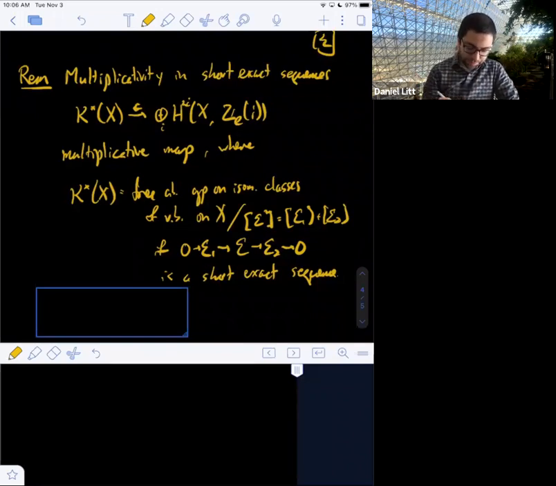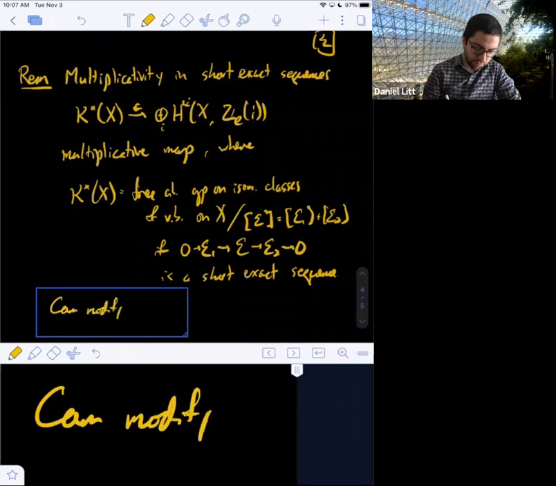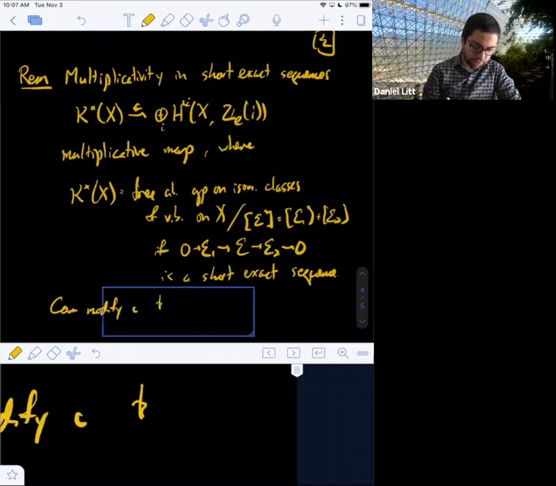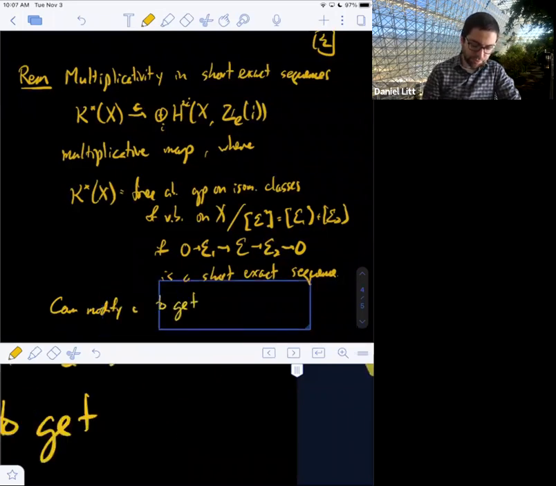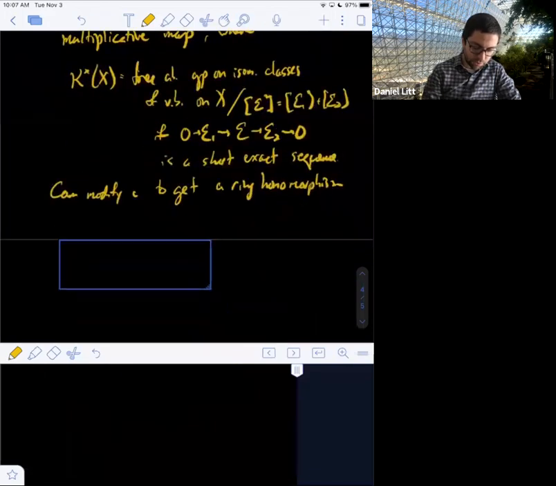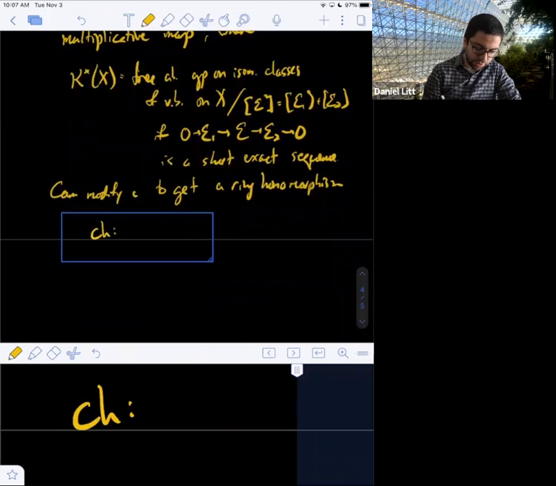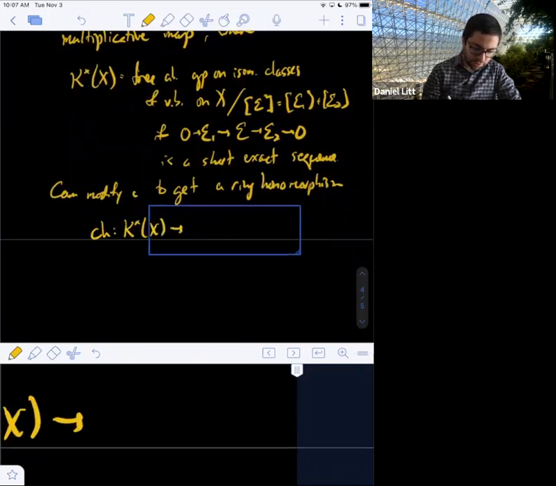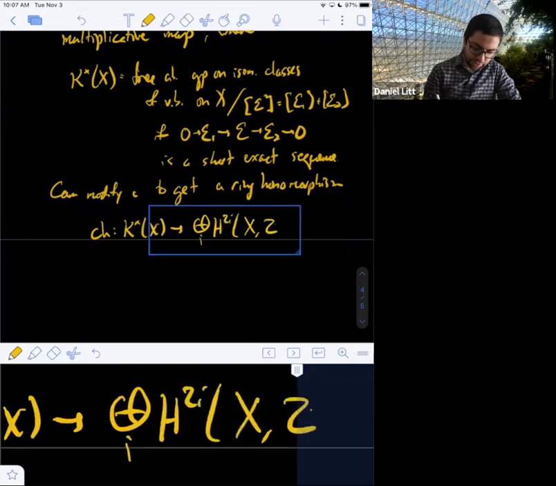So one can modify this to get actually a ring homomorphism, which I'll call ch, from K star of X to this direct sum over i of H^{2i} of X with coefficients in Q_l(i).